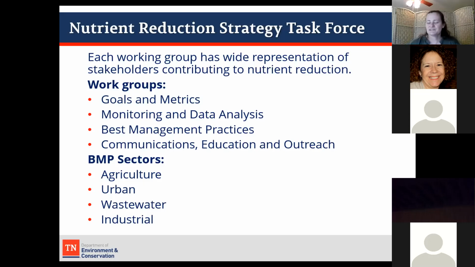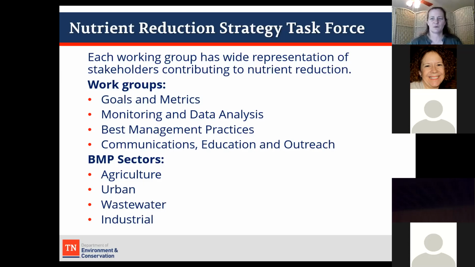One of the reasons why we started this task force was because when we started talking to other states that discharge to the Gulf of Mexico, because of the Gulf hypoxic zone out there, we found that states that were really making good progress and that were able to show the progress they were making with nutrient reductions were states that had these very broad stakeholder-driven task forces, whether they called it a task force or not.